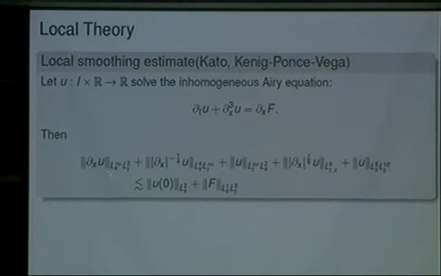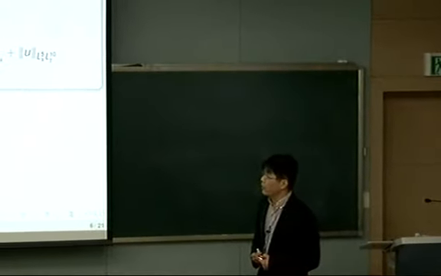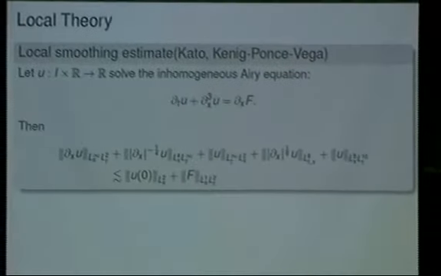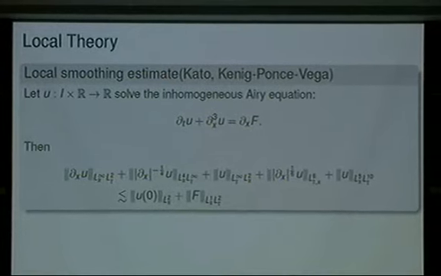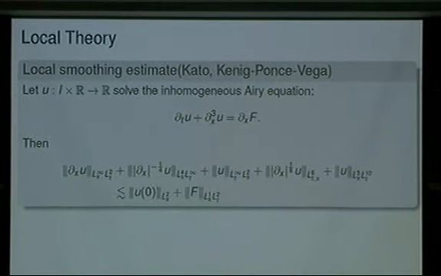When you localize in x and integrate in time, you will see some smoothing effect, right? Actually, that kind of property was observed by Tosio Kato about 30 years ago.